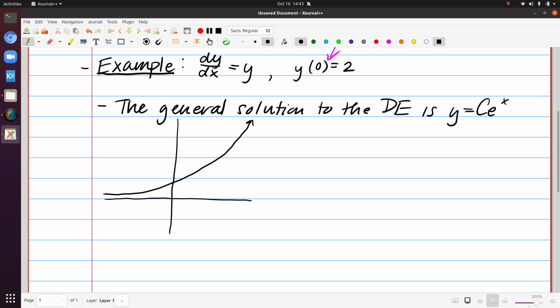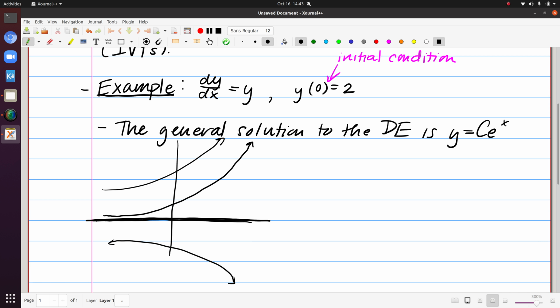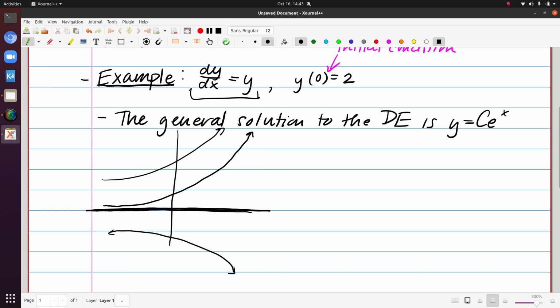I could scale it with lots of different constants, and we could have things like that. If the c value were negative, it would look like this. And even if the c value were 0, we'd actually get the constant function y equals 0. That's why we get infinitely many possible solutions.